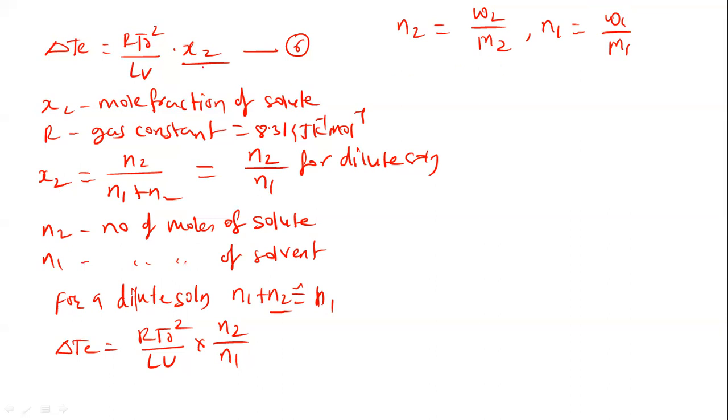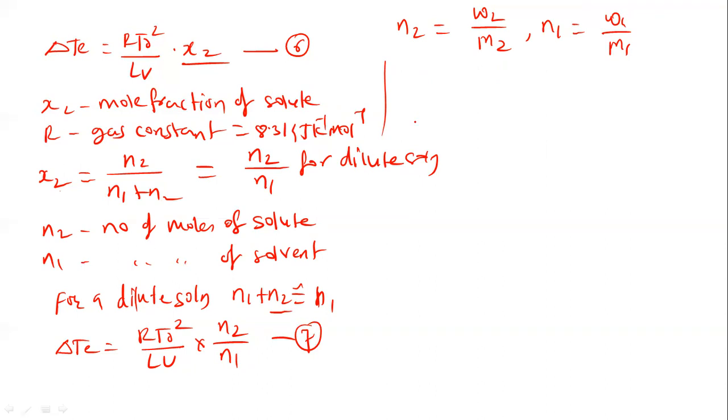Let us put this into this equation. So we can write now, first of all, let us say this is equation 7 now. Okay, X2, we substitute here N2 upon N1 for the dilute solution, then this is equation 7.